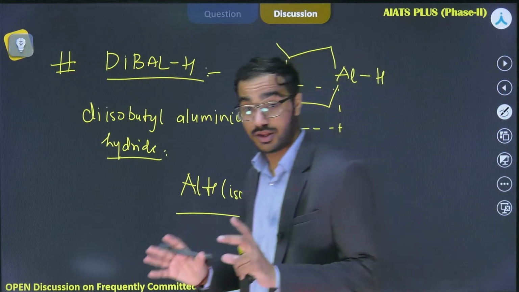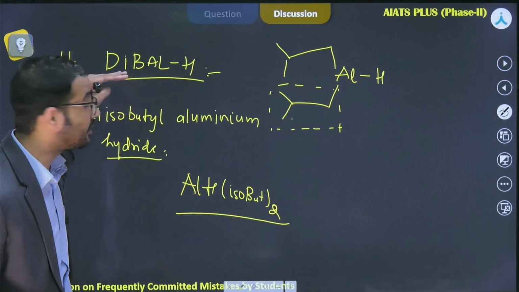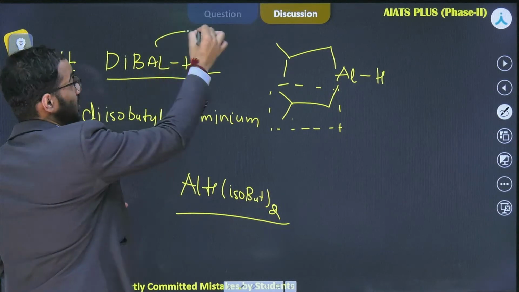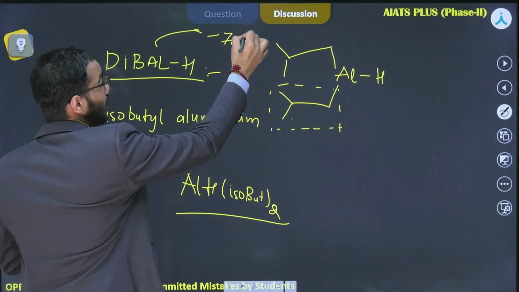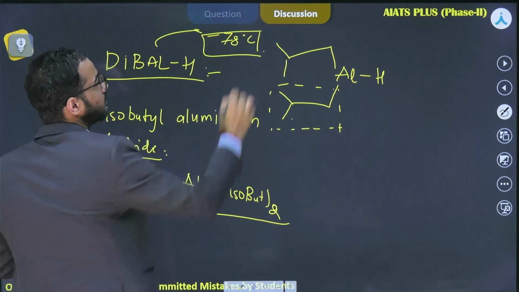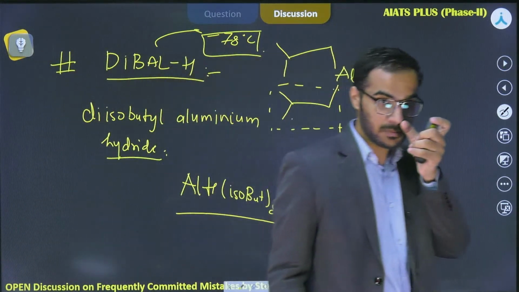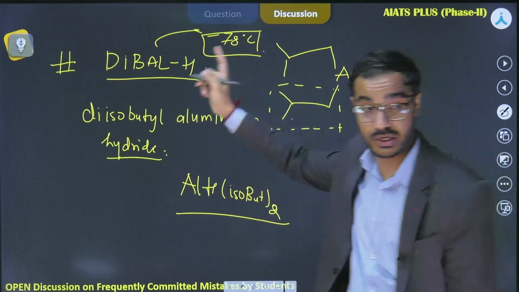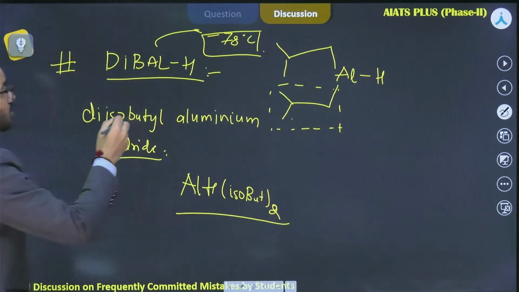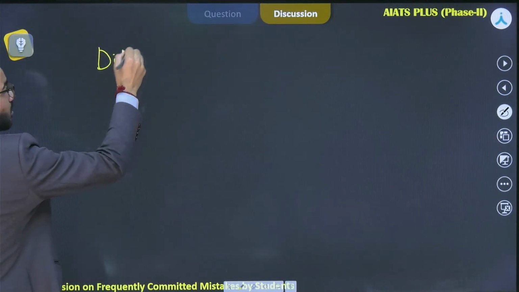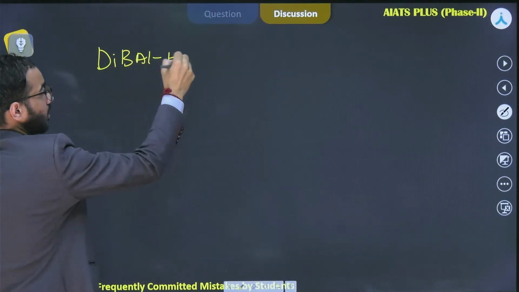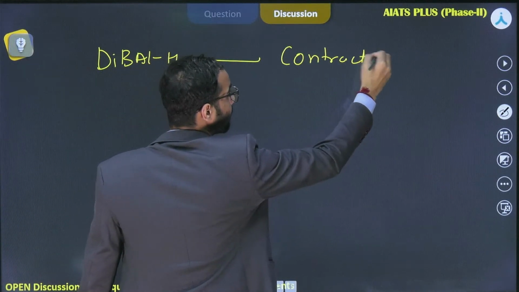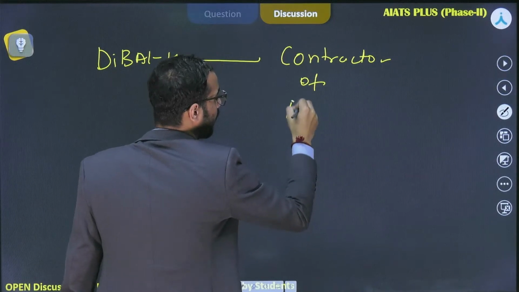Okay, and always remember, DIBAL-H reactions will undergo at very low temperature, we can say minus 78 degrees centigrade. And at this temperature, we can say DIBAL-H is a converter of aldehyde.